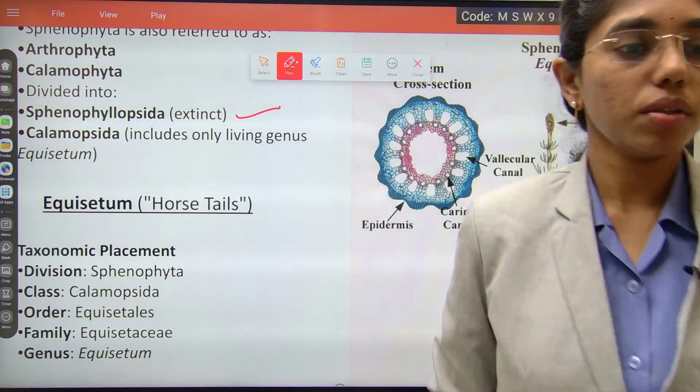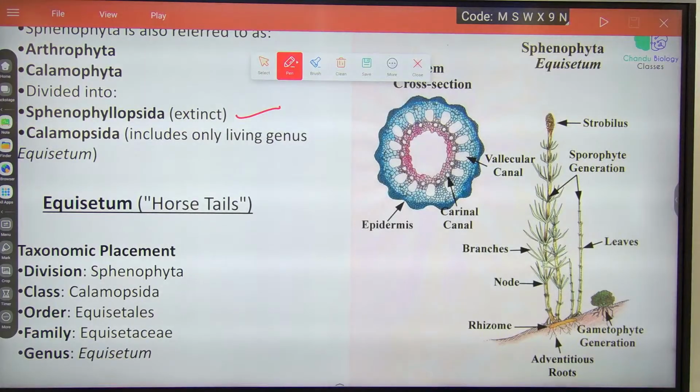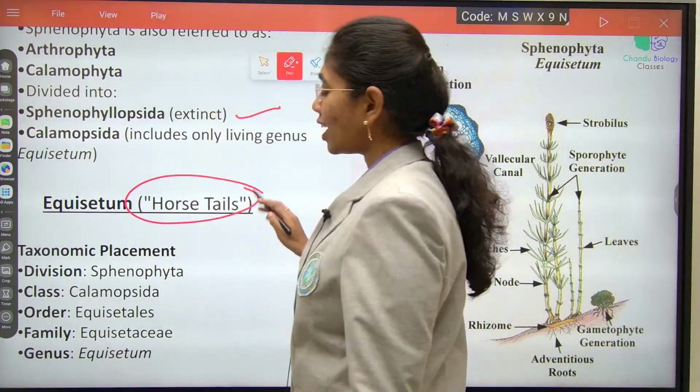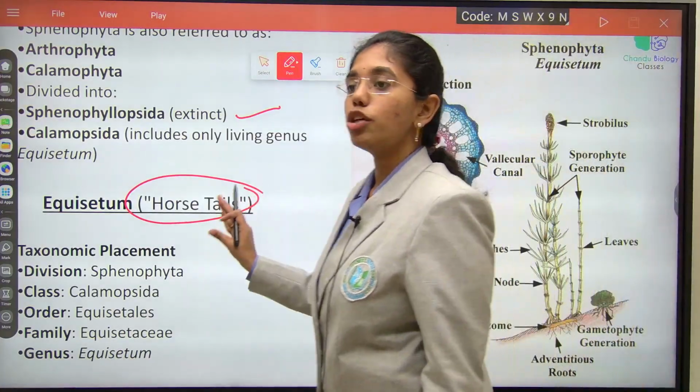Just go through the systematic position. And here we go with the systematic position of Equisetum. Equisetum is also known as horsetails because they contain strobili or cones at the tip of the plant body, which is of evolutionary significance to gymnosperms.